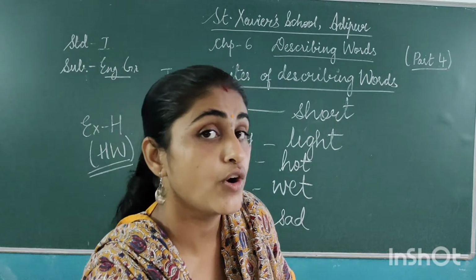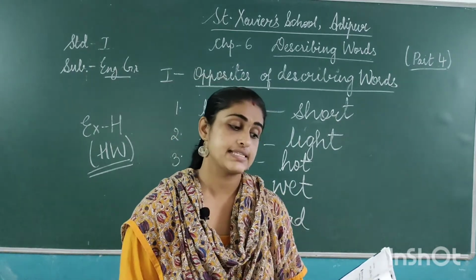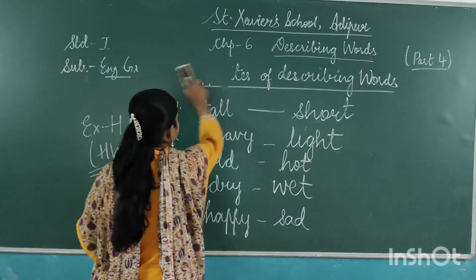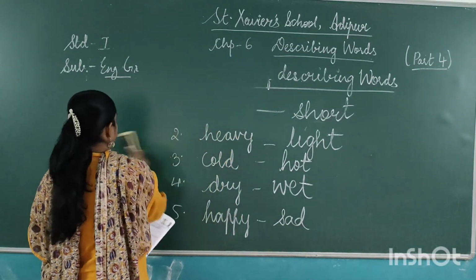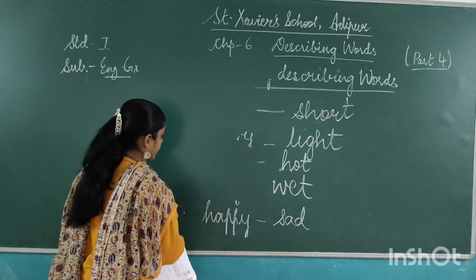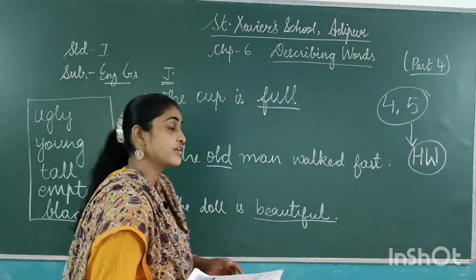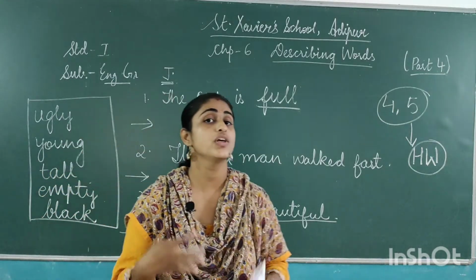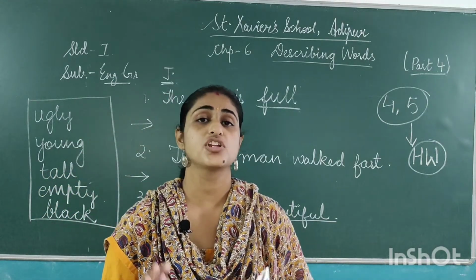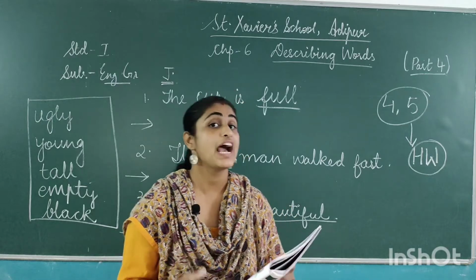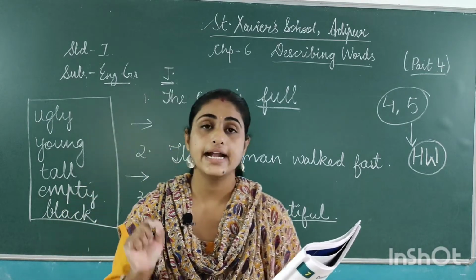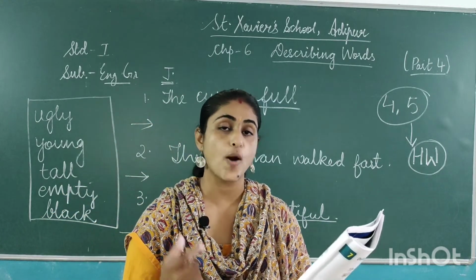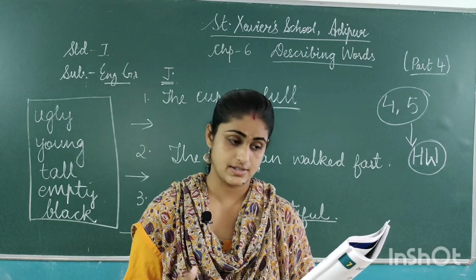Now we will be moving on to the third one, the last exercise of the chapter. Now see what is written. You have to turn your page and we will be writing it. So children, here you can see I have written some of the things on the blackboard. Here also in this exercise you have to mention the opposites. Now see how it is written. Replace the underlined word in each sentence with its opposite form from the strip.